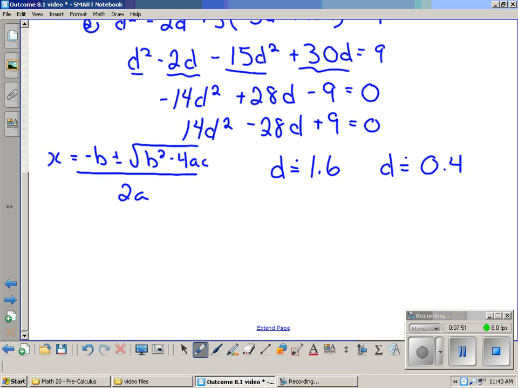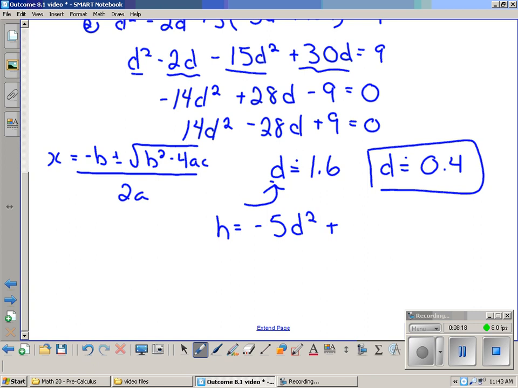We're going to discard our value of 1.6 because he's further away from the basket. We're going to assume that if he's tipping that basketball in, that he is doing it from the closest distance to the basket. To find what height he is at, we're going to substitute into the formula negative 5d squared plus 10d. And so we end up with our height being negative 5 times 0.4 squared plus 10 times 0.4.